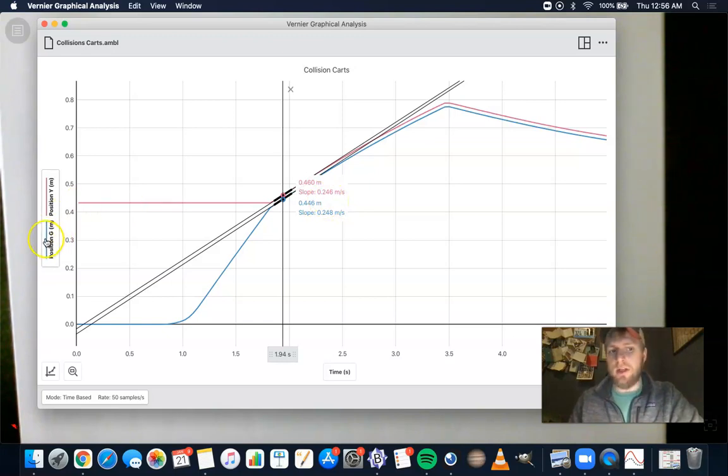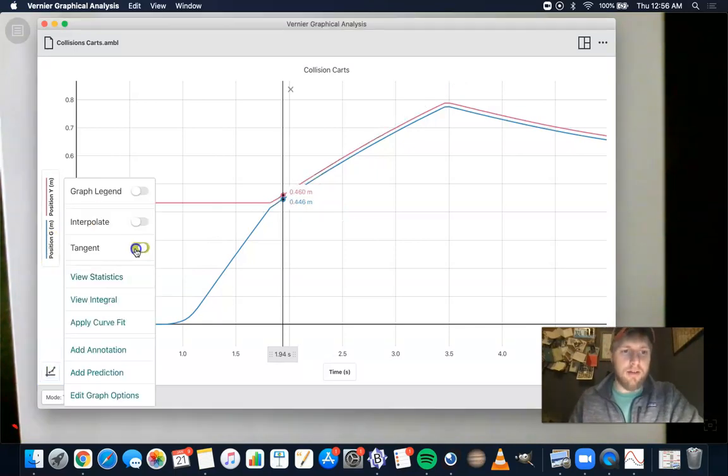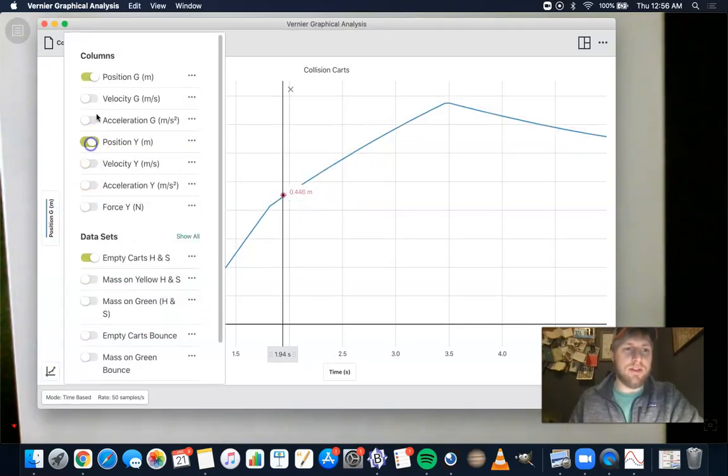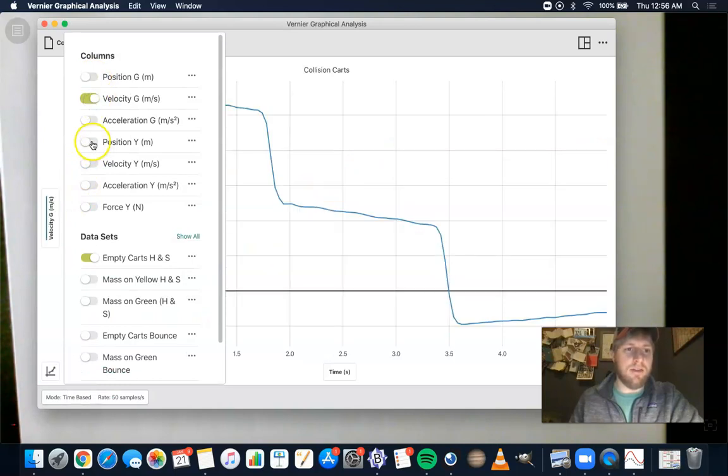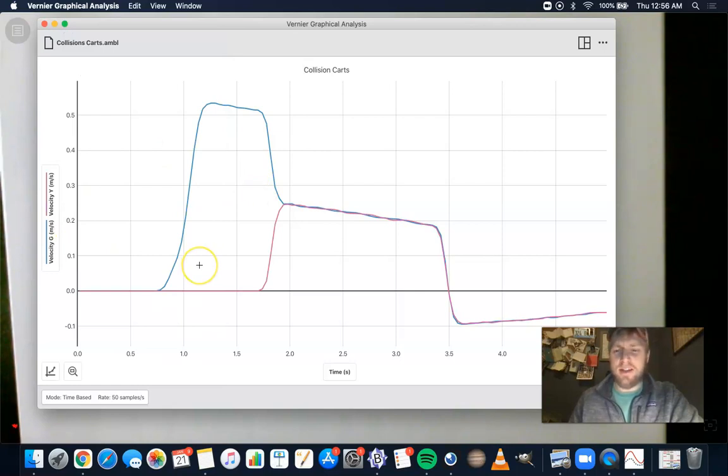I want to show that to you in terms of velocity as well, and then we'll pull the data and actually solve the problem. Let's turn off our tangent tool, and instead of position, let's go with the velocity of both the green and yellow carts. That looks good. So this graph looks very different. Without having seen the video, I think it would be really tricky to explain what was going on.